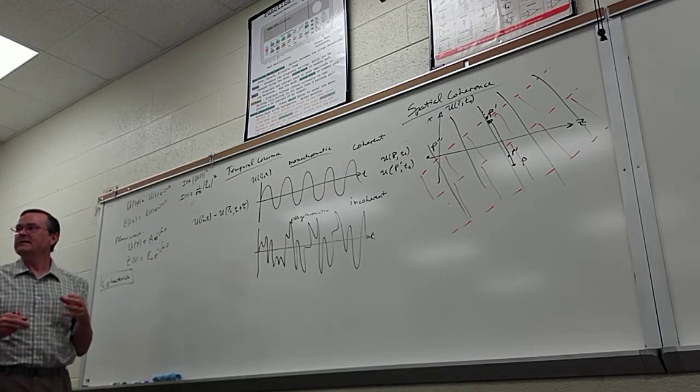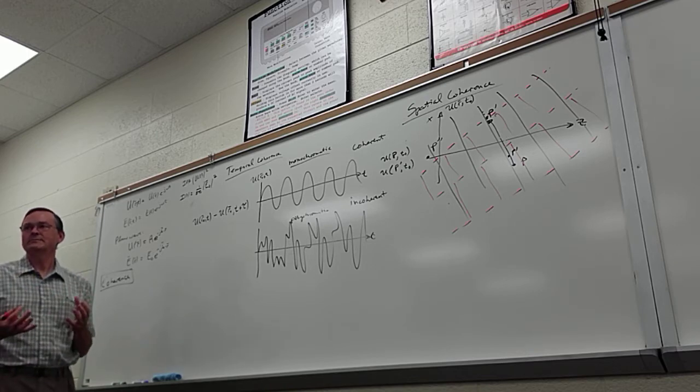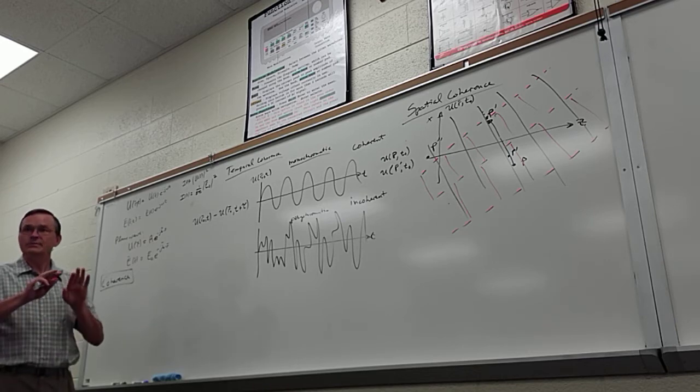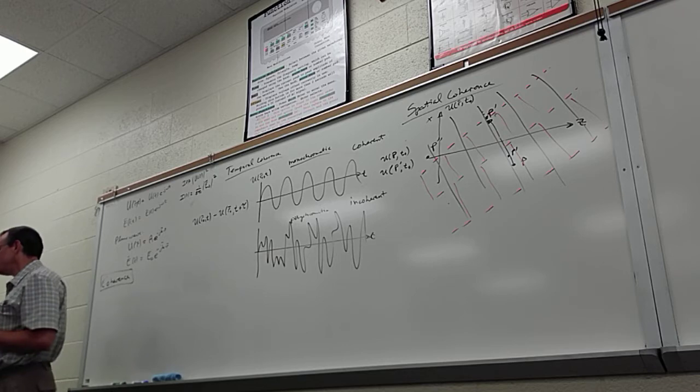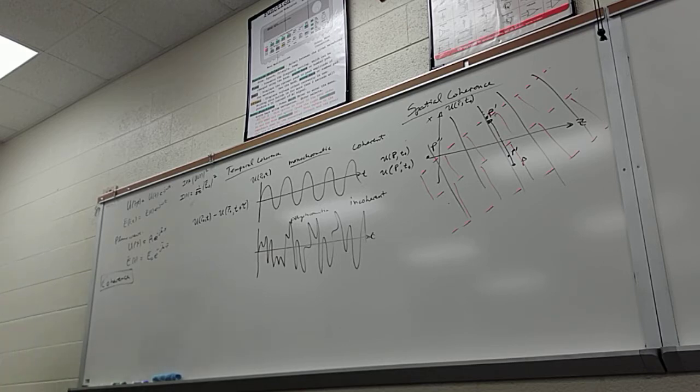In reality, it's all part of the same thing. But it is helpful to conceptually think about them separately. In fact, it turns out to be extremely helpful. Okay, so that's our intuitive picture of coherence.